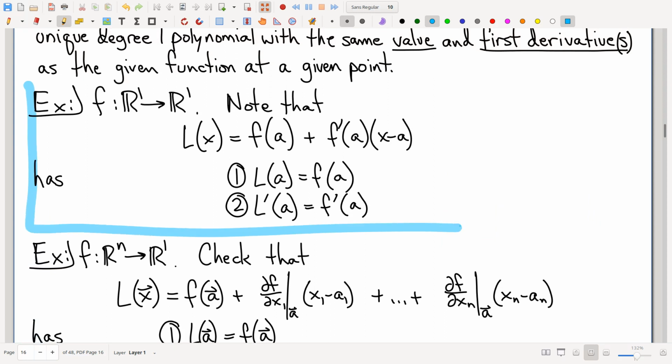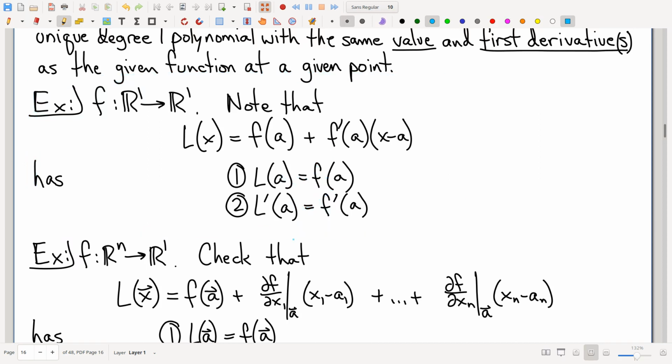I would encourage you first to remind yourself how this works. How do you confirm that L agrees with F in value and derivative at the point A for the single variable? In particular, all you got to do is just plug and chug. There's really not much to it, right? And do keep in mind that because it's evaluated at the point A, A doesn't move.